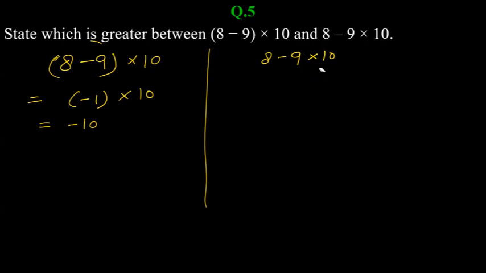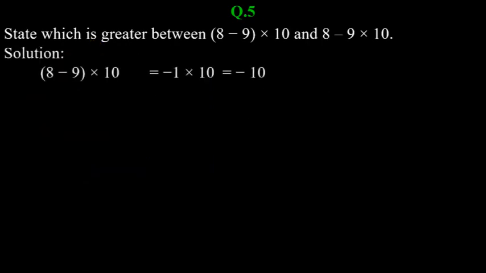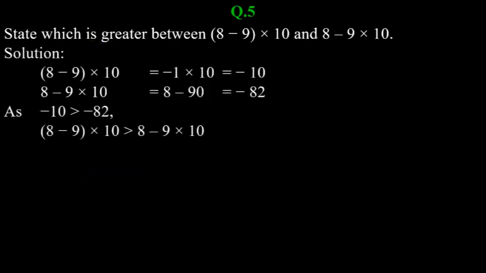So now you will first do multiplication. 9 tens are 90. 8 minus 90 will give you minus 82. Out of minus 10 and minus 82, minus 10 is greater. This one is greater.